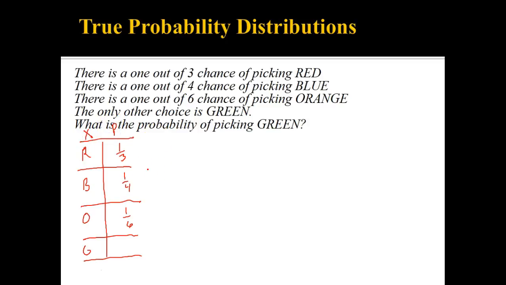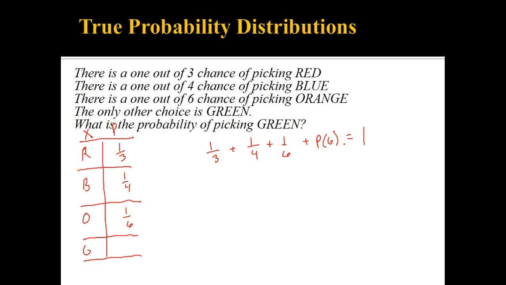So how do we know what the probability of picking green is? Well, remember, the thing we do know about probability distributions is they always add up to 1. So all of these fractions here have to add up to 1 along with the probability of green. So I'm going to do this math problem. The 4 probabilities, 1/3, 1/4, 1/6, and then the probability of green have to add up to 100% or 1.